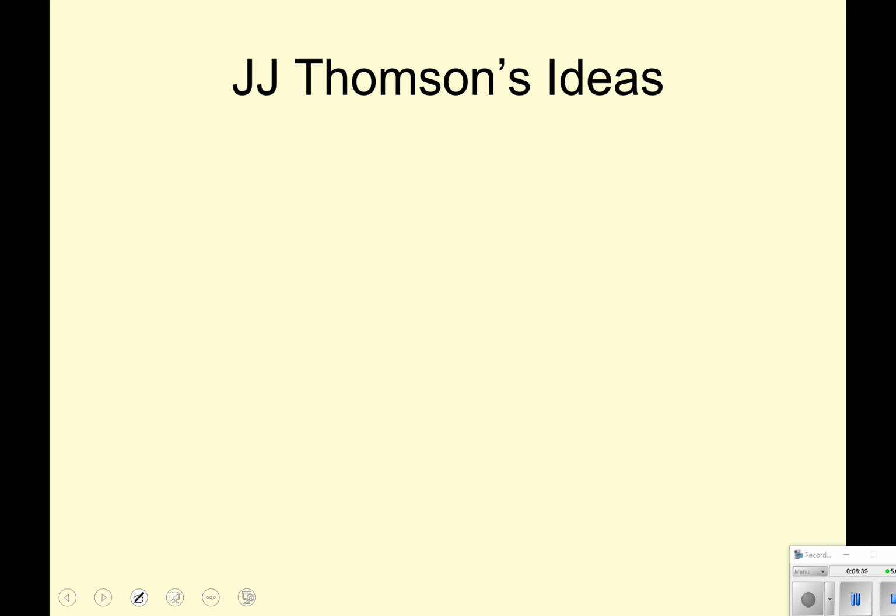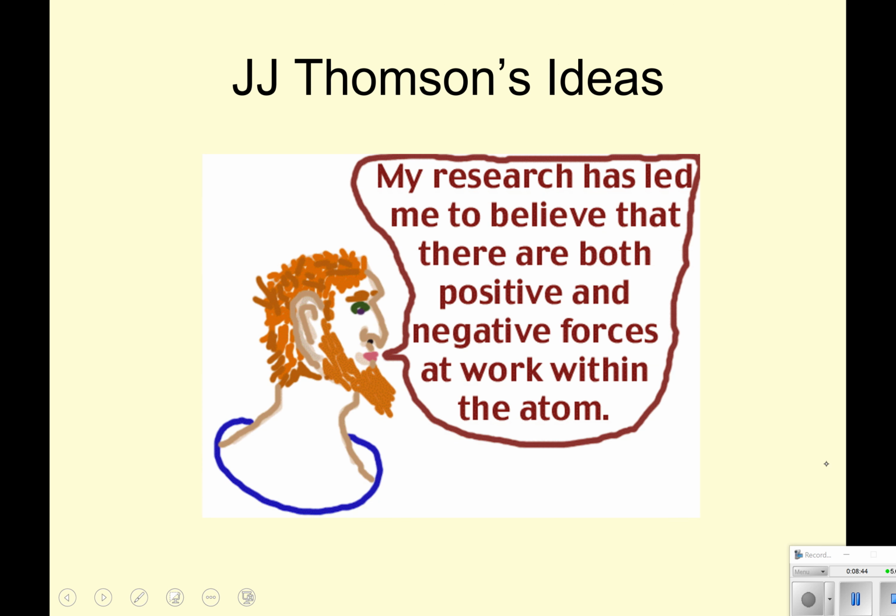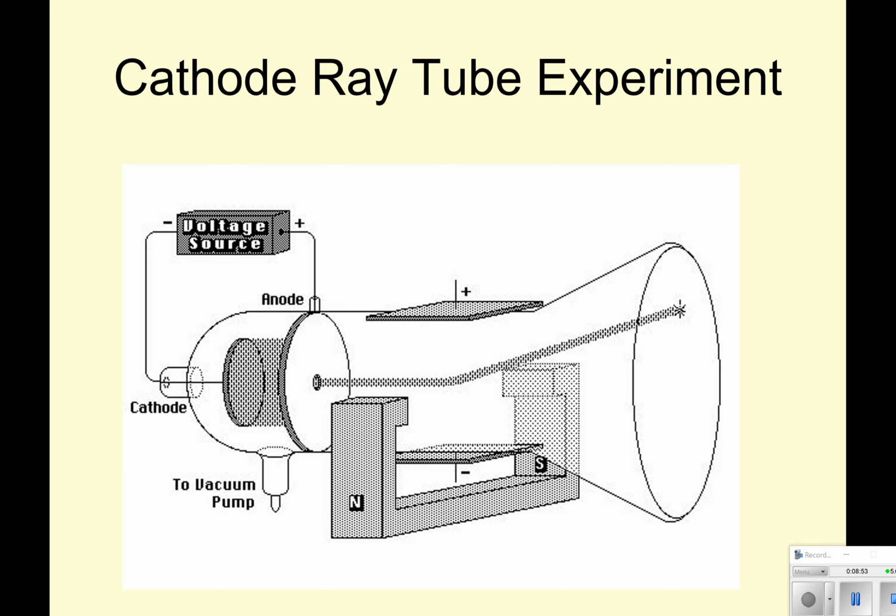Now, the electrons in his experiment gave him this idea that there were both positive and negative forces working within the atom itself. So in his cathode ray tube experiment, he basically directed these cathode rays, or electrons, through this vacuum here, and we have this electromagnetic field being generated between these two plates.